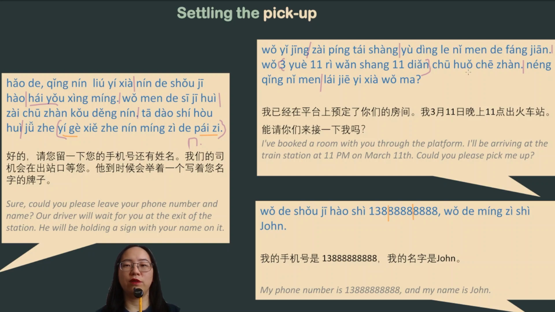And from here to here it's talking about I will arrive at the train station around this time. 我 I, and this whole chunk is the time. 3月 March. 11日 11th. 晚上 night. 11点 11 p.m. 出 to go out. 火车站 train station. And then from here to here is asking, can you send someone to pick me up?